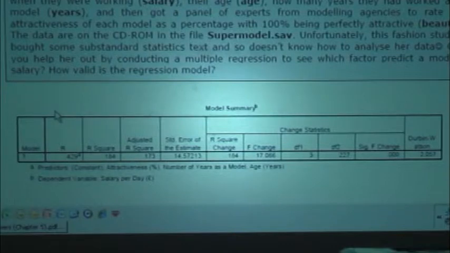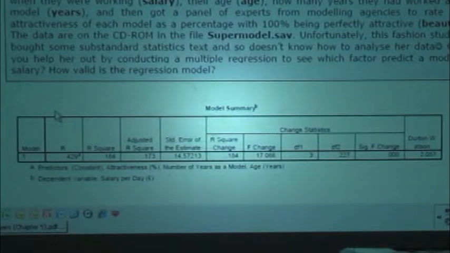Okay, then it does the ANOVA on that F change. That's where the significance comes from before. So it does the sum of squares regression over sum of squares residual to give us an F, and the significance level of that F doesn't tell us anything more than the significance of the F change above. So we're very sure that there's really a relationship.